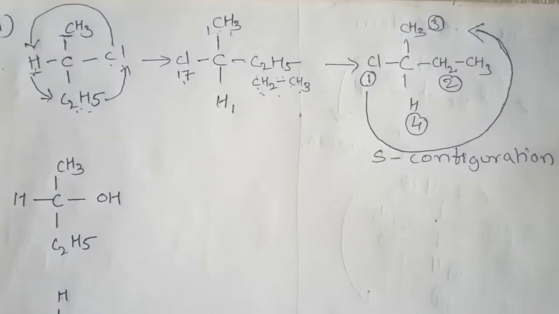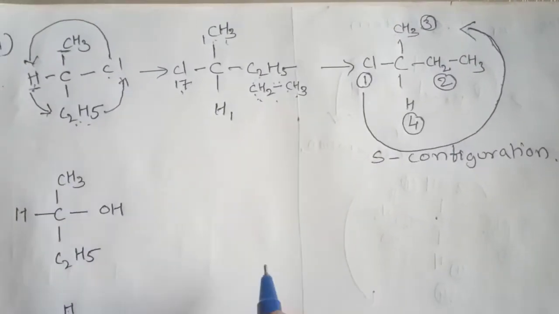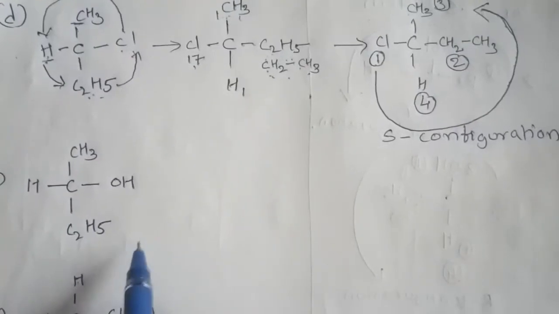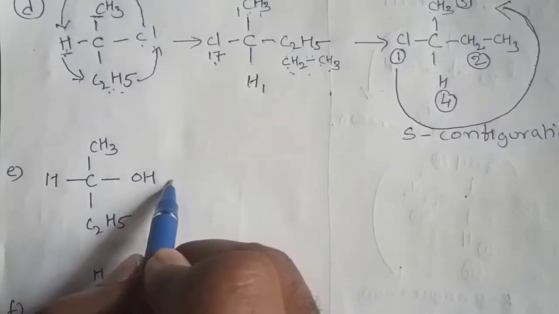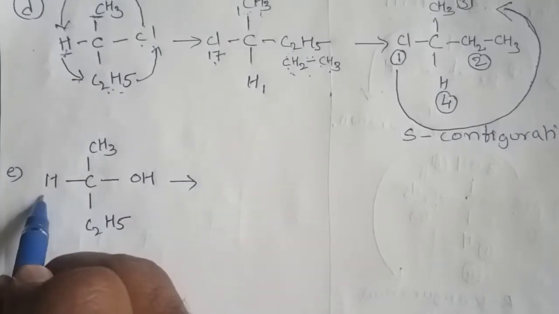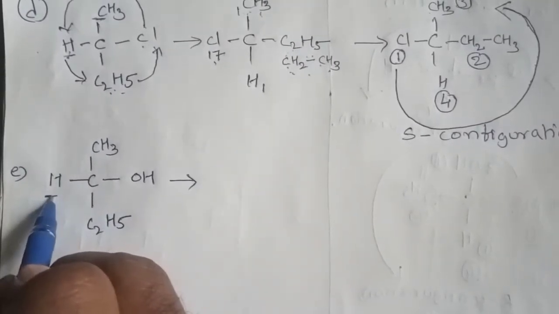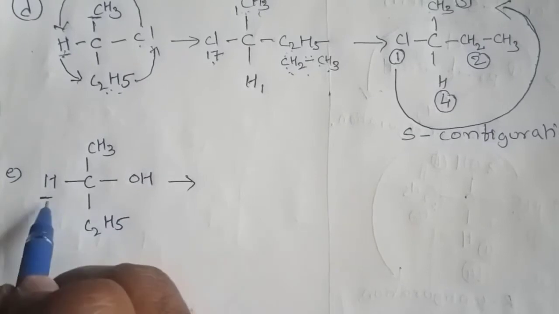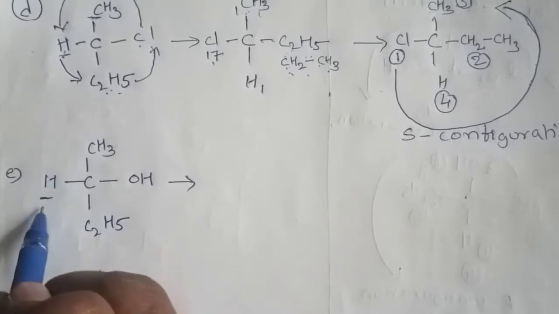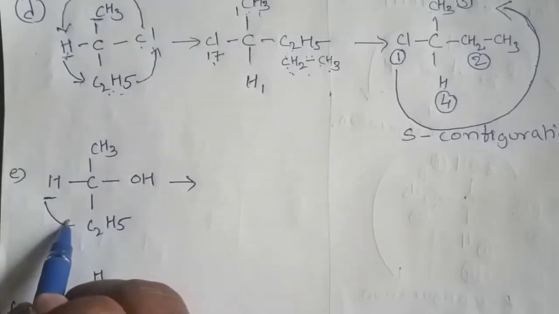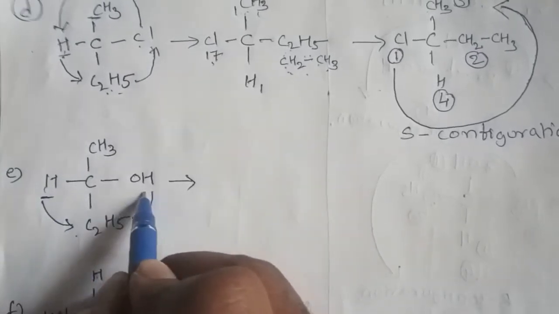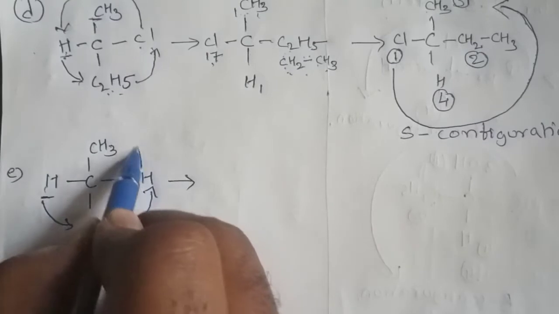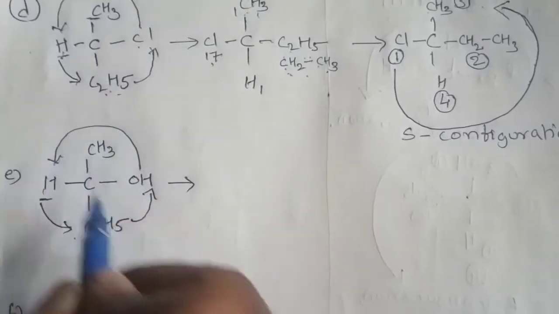Next example. Example E. In this example, hydrogen is located at the left side. If hydrogen is located at the left side, rotate anti-clockwise. This hydrogen shifted to this place, this group shifted to this place, and this group directly jumped to this place.